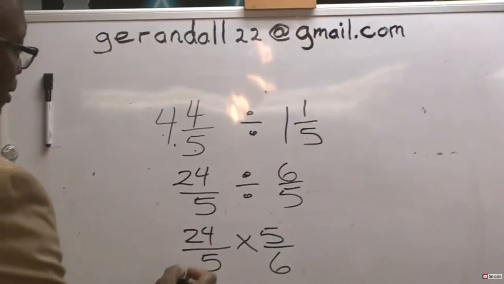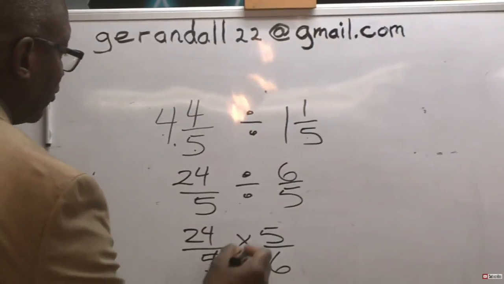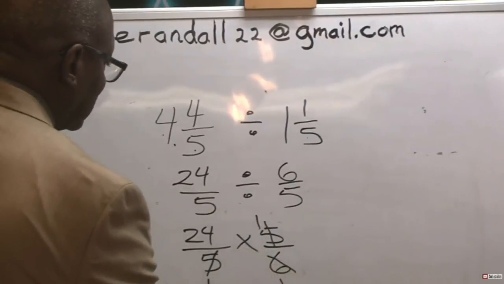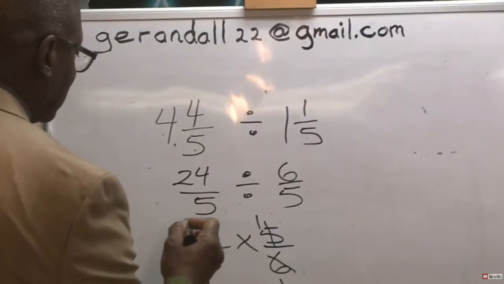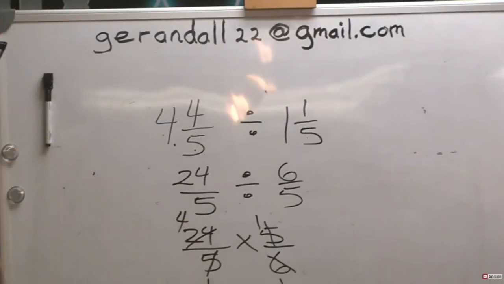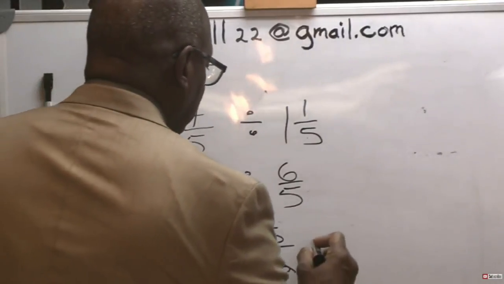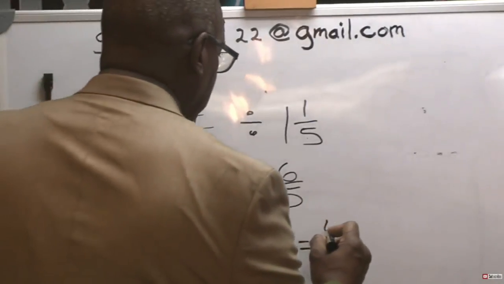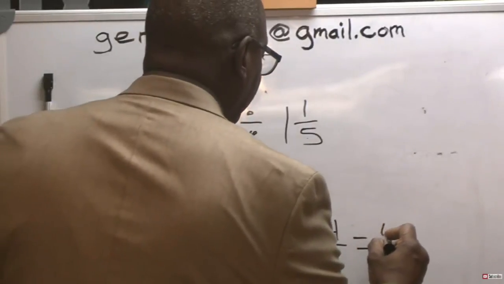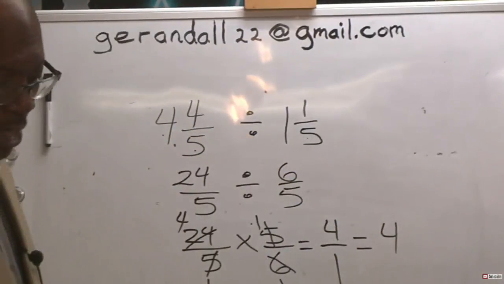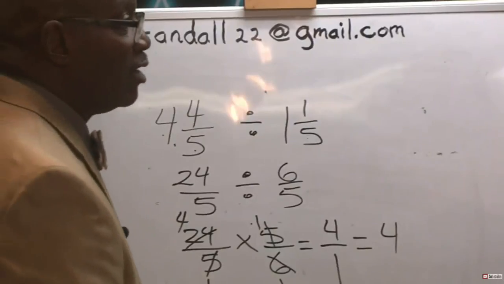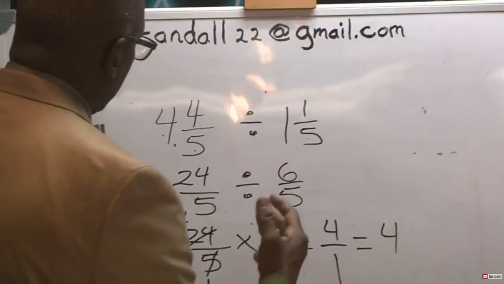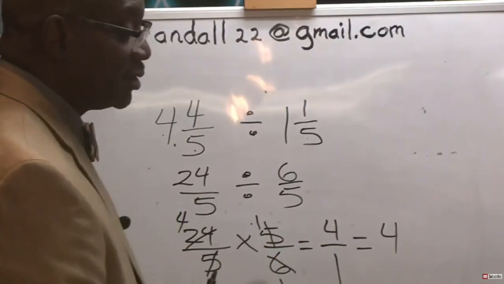And this one, 5 goes into itself once, 5 goes into itself once, 6 goes into itself once, and 6 goes into 24 4 times. 4 times 1, and that's equivalent to 4 pieces of lumber cut at 1 1/5 meters. Measure twice, cut once.